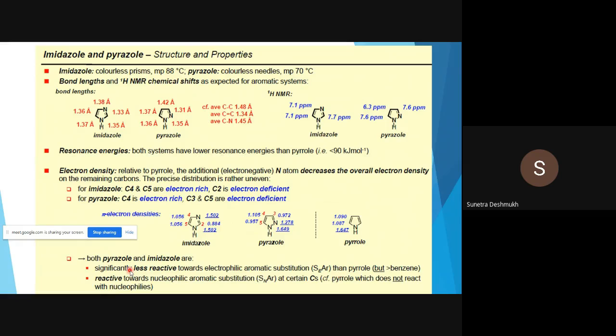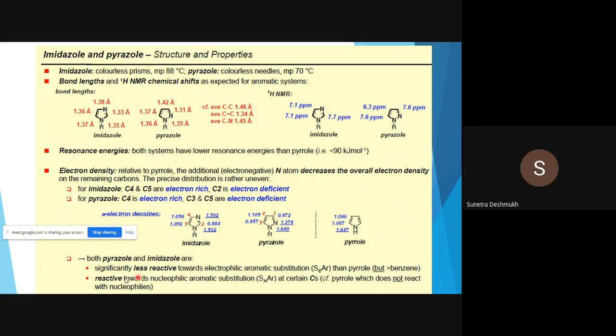But they are more reactive towards electrophilic aromatic substitution than benzene.